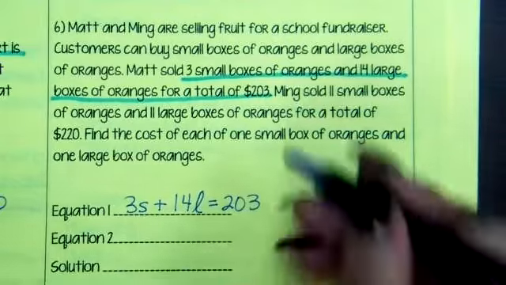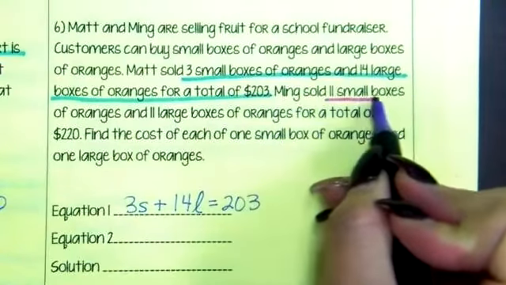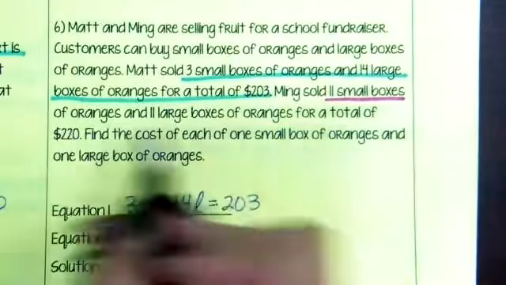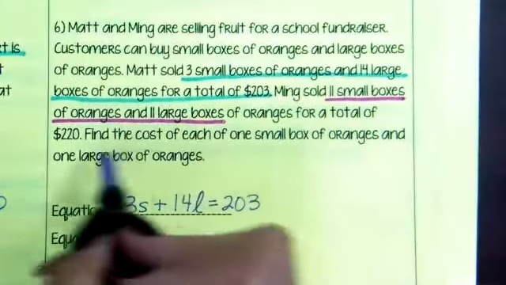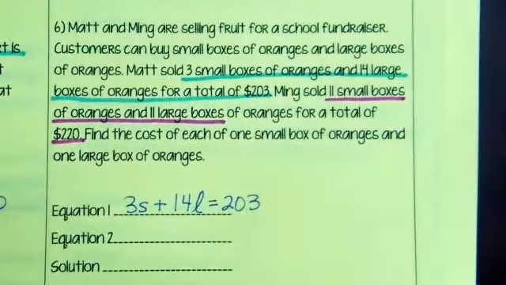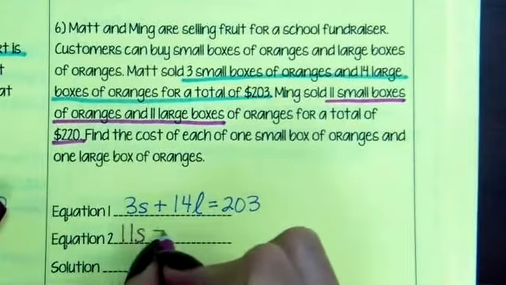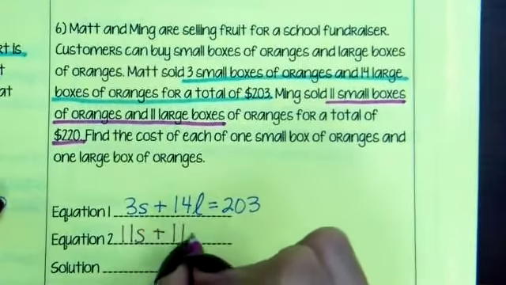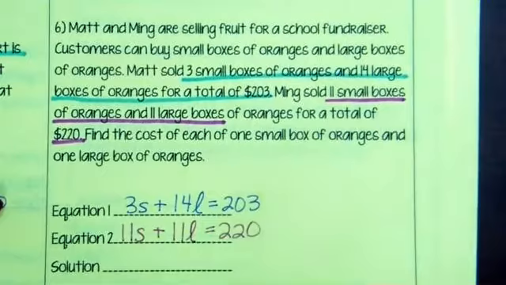My second one says that Ming sold 11 small boxes of oranges and 11 large boxes of oranges for a total of $220. So 11 small boxes plus 11 large boxes for a total of $220.